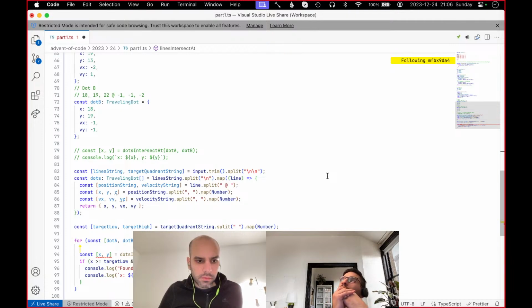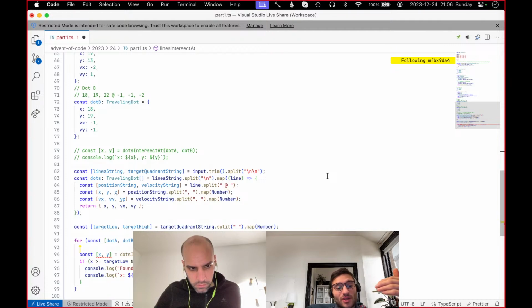Does it need to be traveling in both the directions? So my thinking is, I'll find out, is the target low and target high, are they both positive?